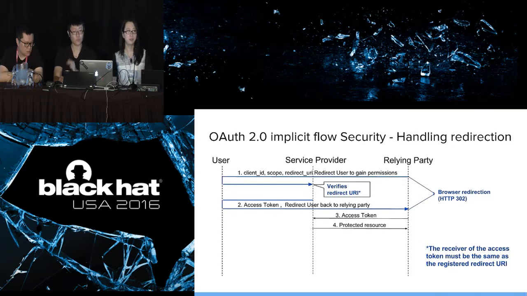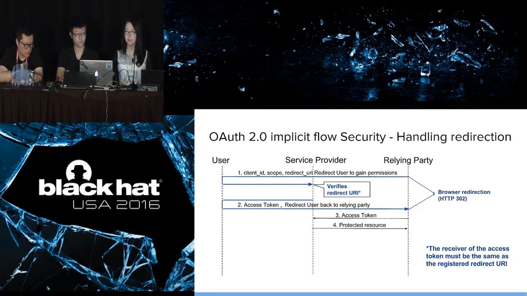Then here comes the question: how can we handle the redirections? How can we give the access token to the right relying party? In the web world, people use browser redirections so that they can make sure the receiver of the access token is the same as the one that registered the redirect URI.